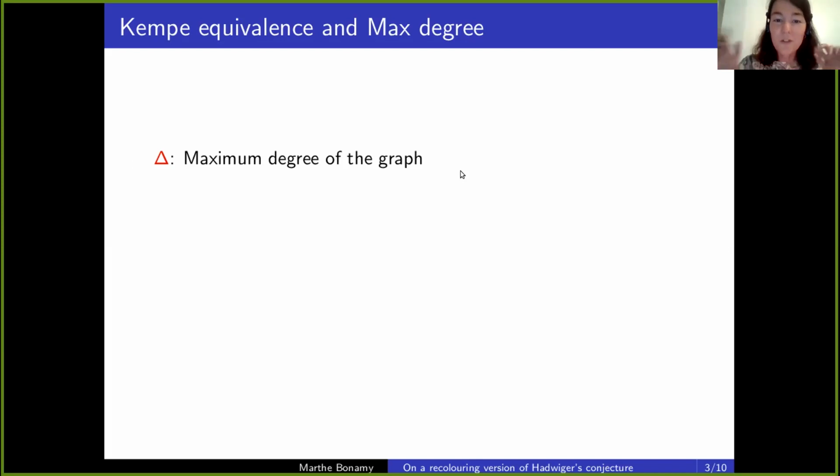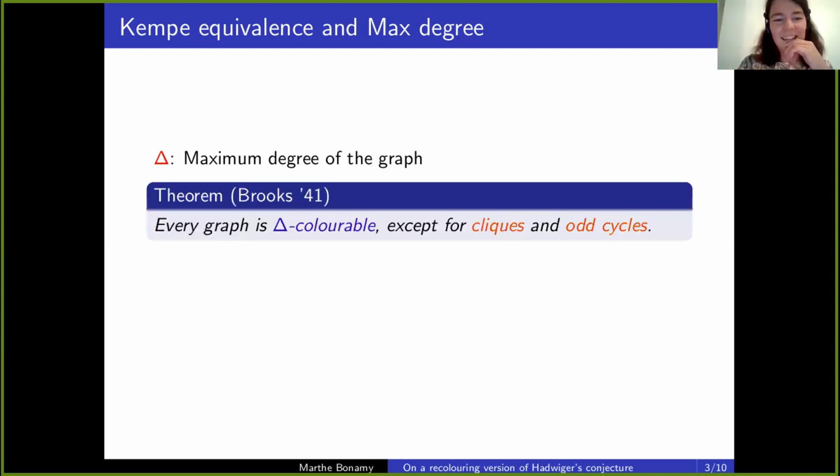The first non-trivial result in this direction is Brooks' theorem, from 1941, which says that for most graphs, you can do one better. Namely, if your graph is connected, and remember, I'm only talking about connected graphs, because otherwise the statement would not be quite true, and the graph is not a clique and not an odd cycle, then you can do a bit better than delta plus 1, meaning you can find a delta-coloring.